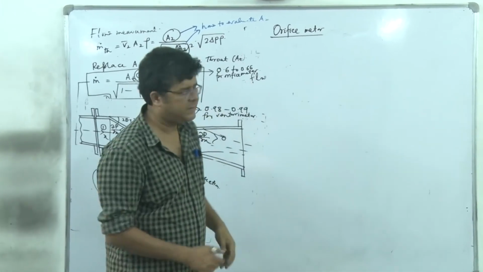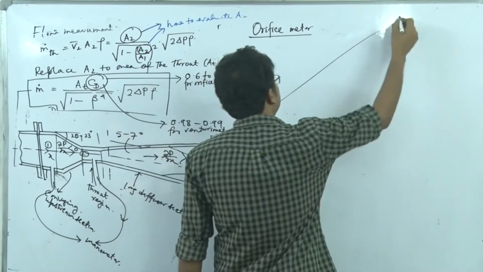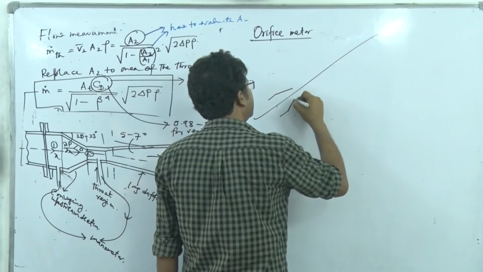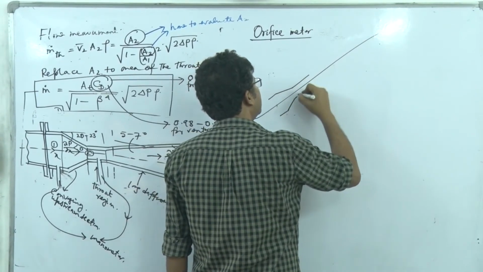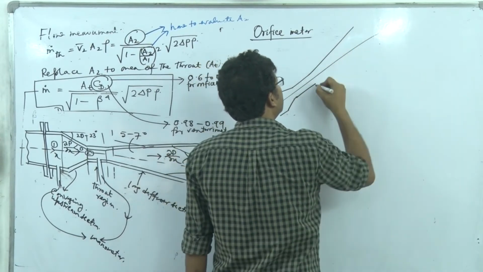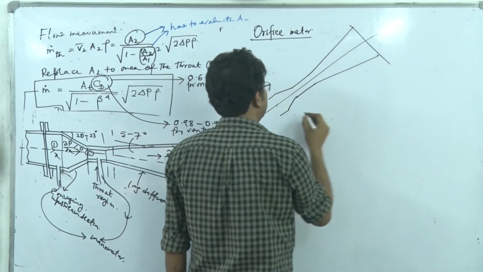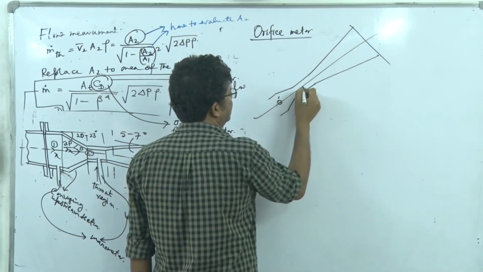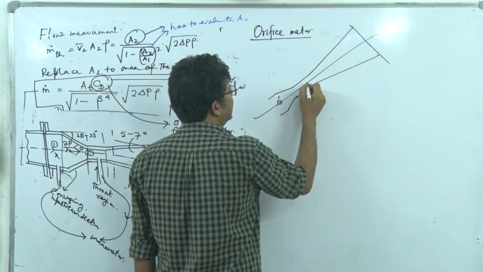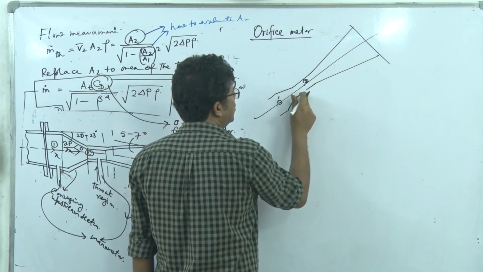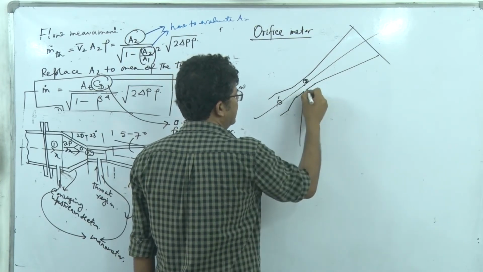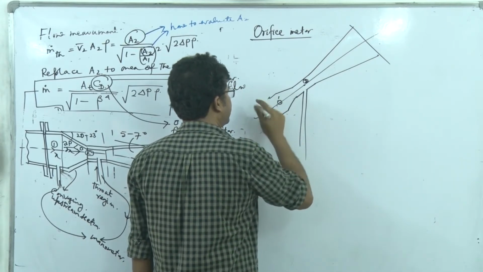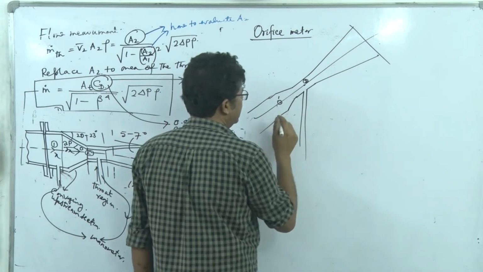That if I have, like this is the center line, say this is a Venturi meter, right? And here this is point 1, and let's say at the throat this is point 2. So we have fixed a manometer like this, right here.